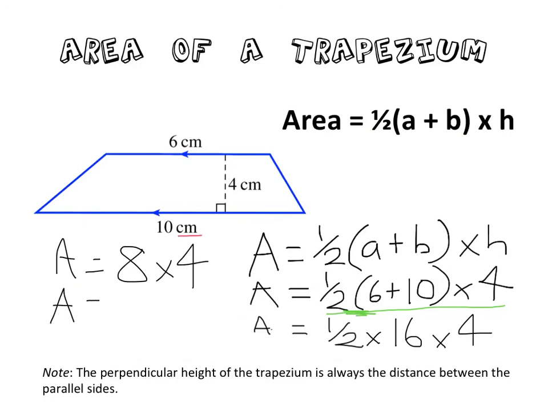And then I get an answer of 8 times 4 is 32. I need to ask myself this question, most important question. What are my units of measure? Okay, are they all the same? Yes, they are. They're all in centimetres, and it's area, so it becomes centimetres squared. And it's as simple as that, guys.